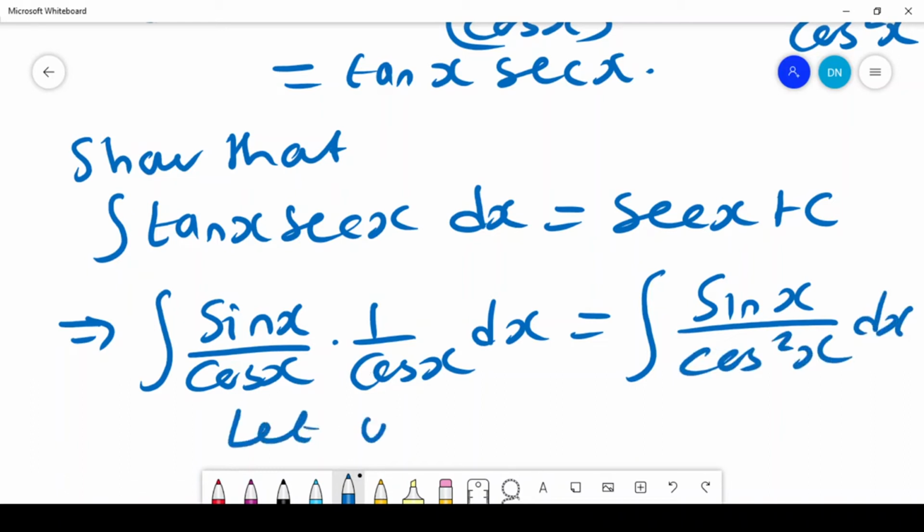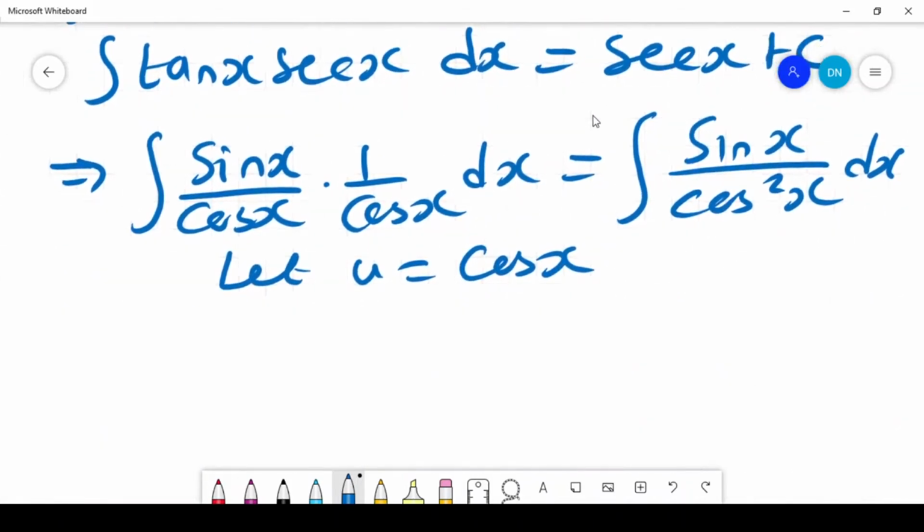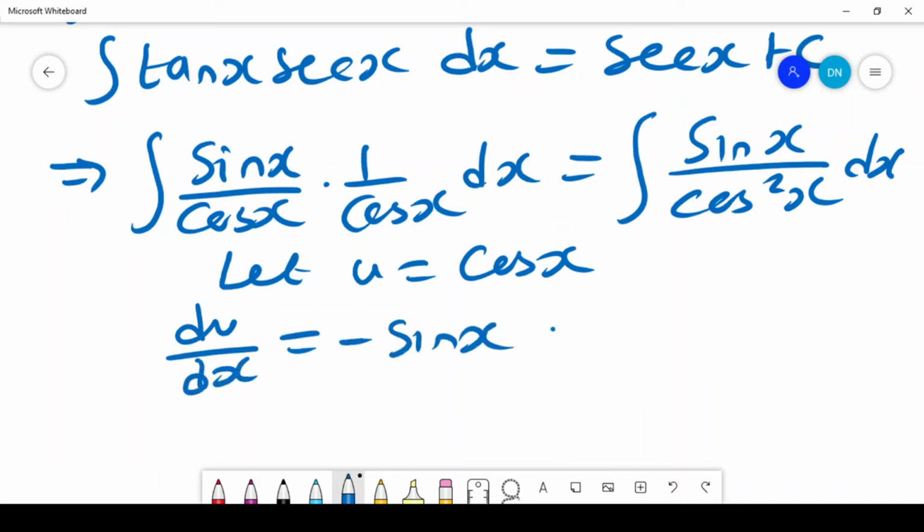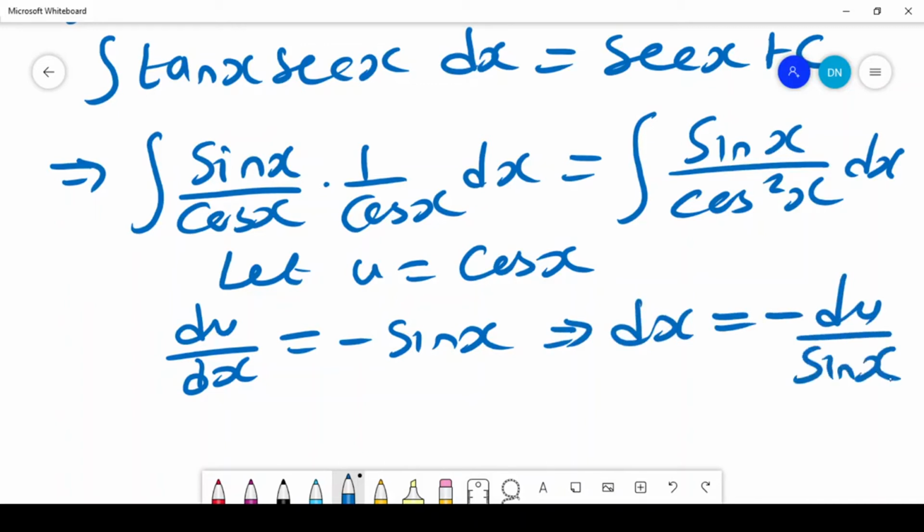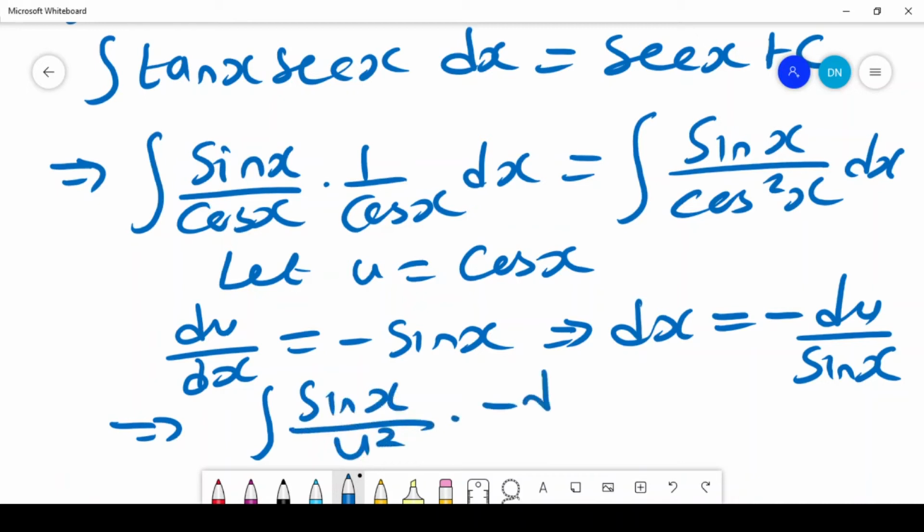So I let u equal cos x, and I want to use the substitution method. Then du over dx is equal to negative sine x, and that means that my dx is equal to minus du all over sine x. And so I can write the integral as sine x over u squared times negative du over sine x.